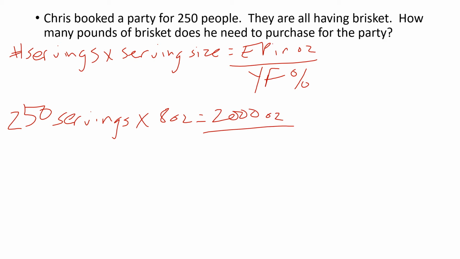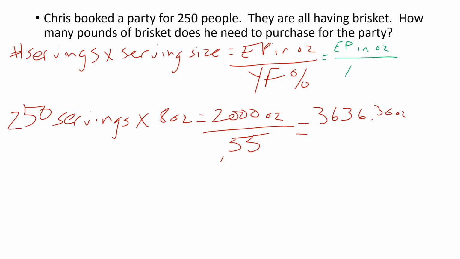Okay? We divide by our yield factor percentage of 55%. And we get 3,636.36 ounces. Okay? So now this is where we come into play, where this equals our edible portion in ounces.